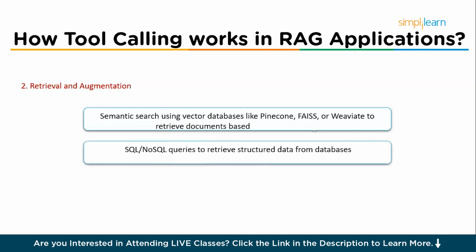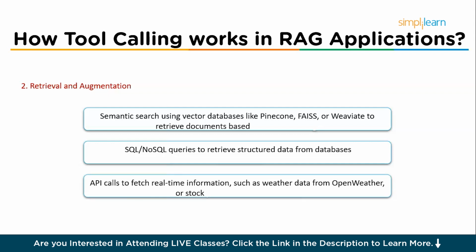Second, we have SQL or NoSQL queries to retrieve structured data from databases. Then we have API calls to fetch real-time information such as weather data from OpenWeather or stock prices via financial APIs. This stage helps augment the model's response with the latest and most relevant information, enhancing the accuracy of the generated answer.